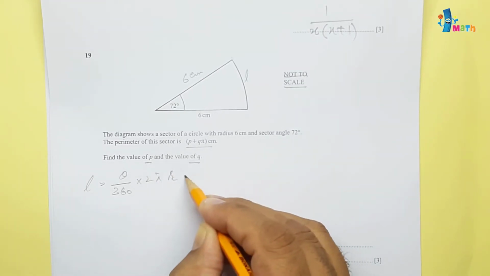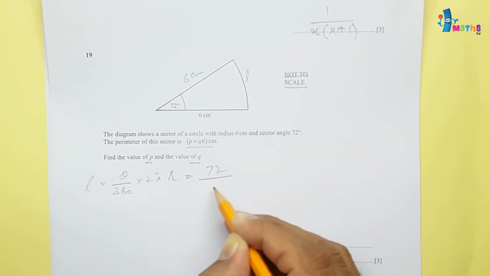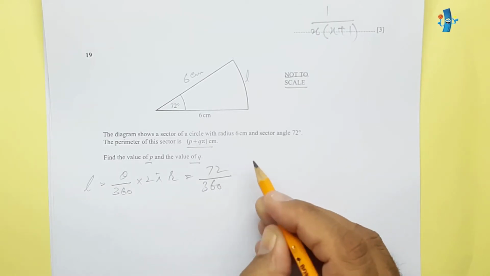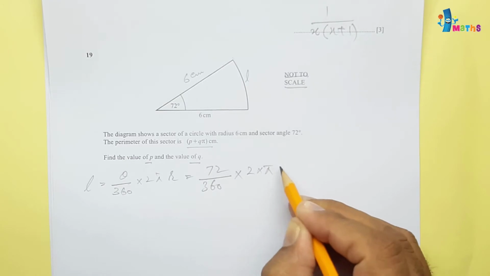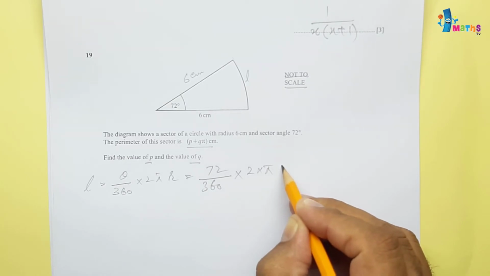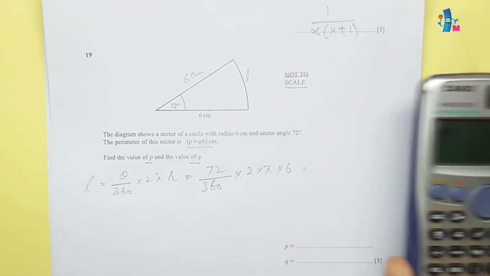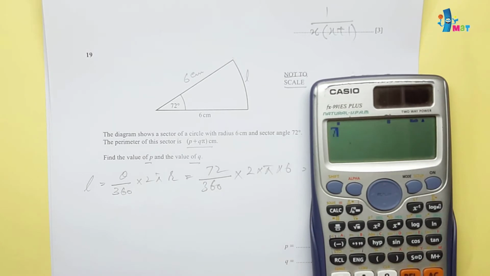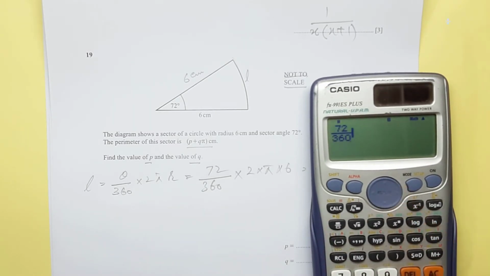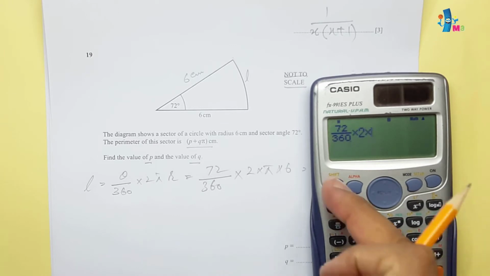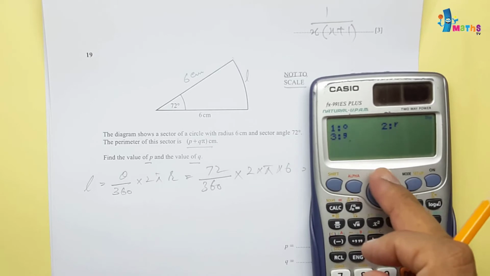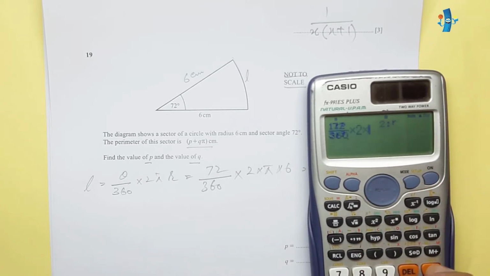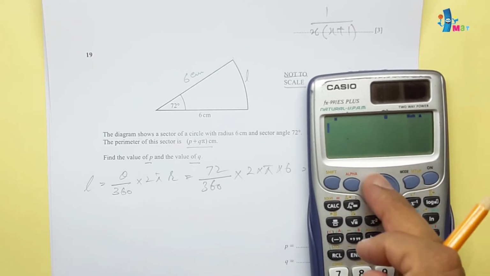So we can replace theta with 72, over 360, and multiply by 2 into pi into r, which is 6.